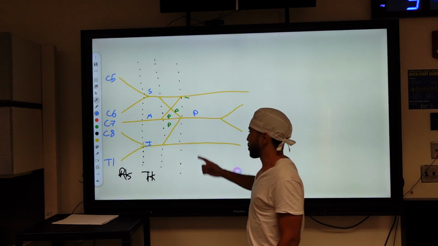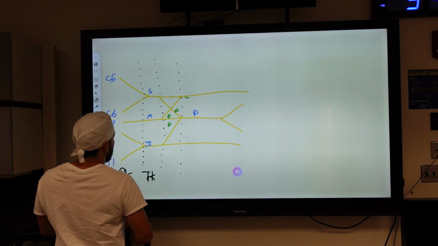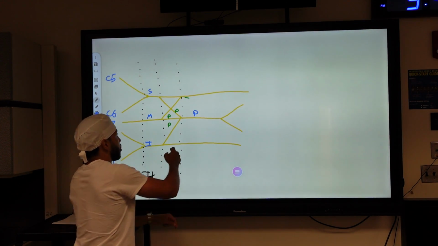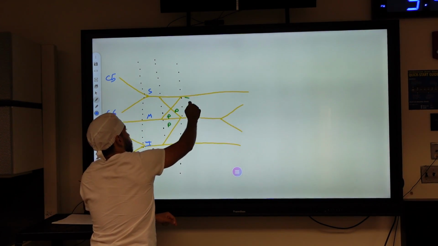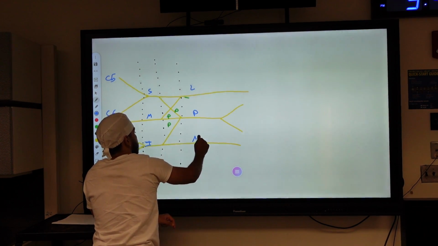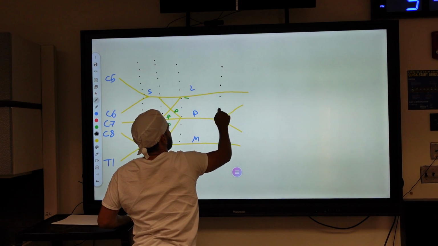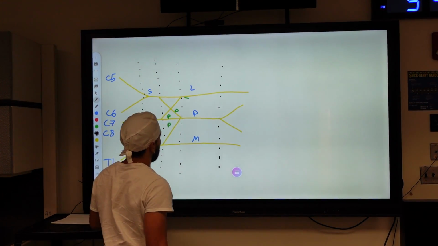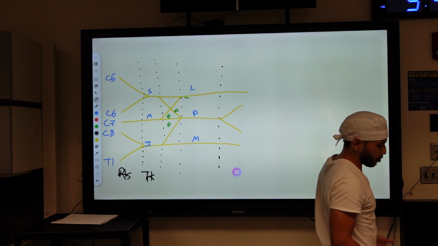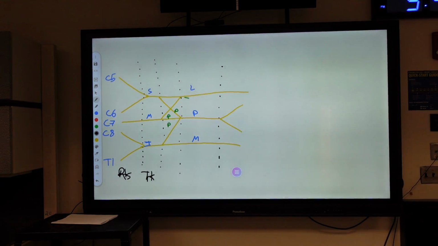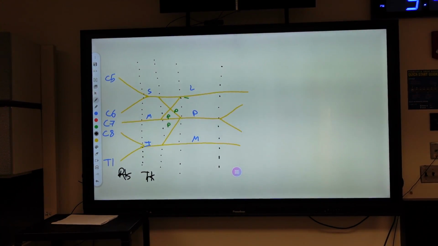So it makes sense that they make the posterior cord. The other cords that we have over here are the lateral cord and the medial cord. And these are lateral, posterior, and medial to what structure? The axillary artery. Axillary artery, right?